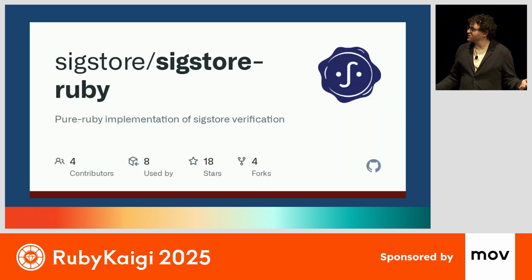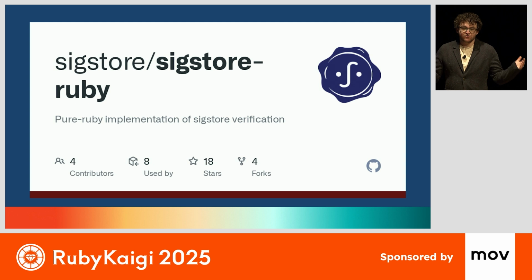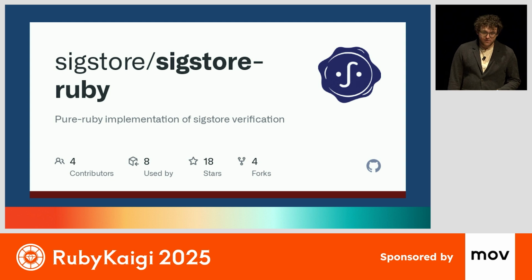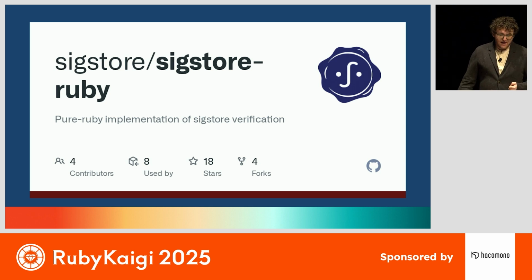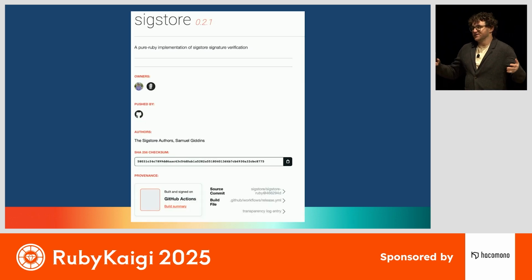So sigstore-ruby is a pure Ruby implementation of sigstore verification and signing. There's a lovely GitHub repo that I'm amazed that 18 people have bothered to star. It is also a Ruby gem, of course, the sigstore-ruby gem.